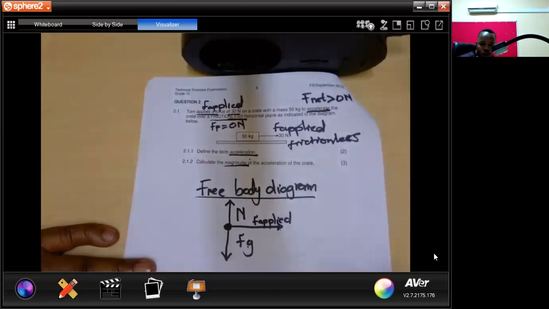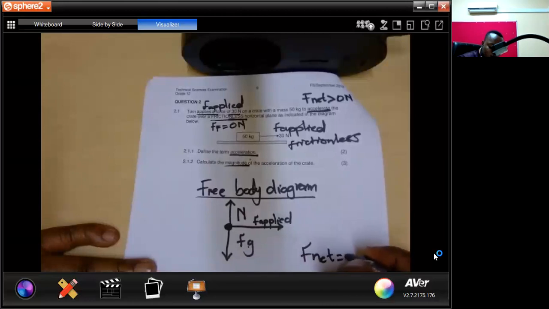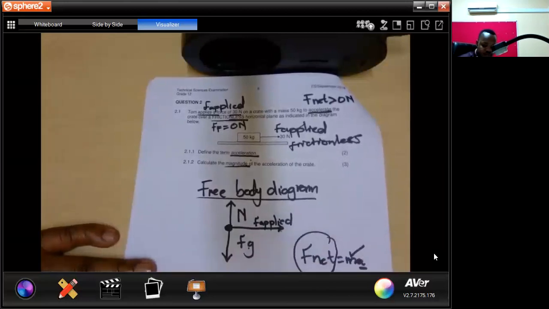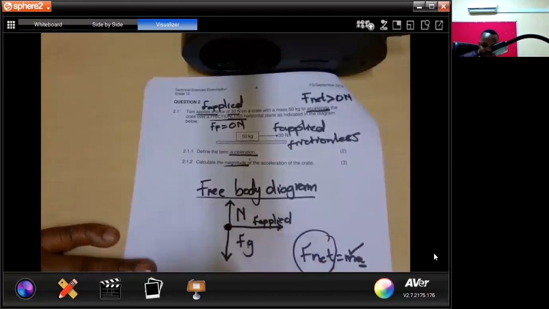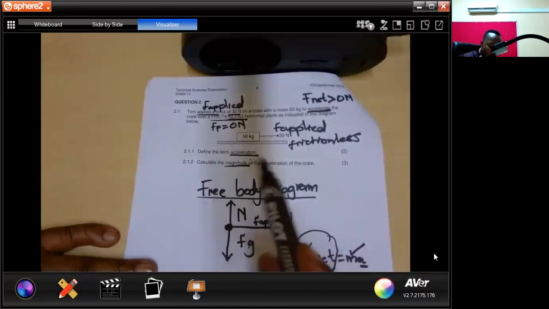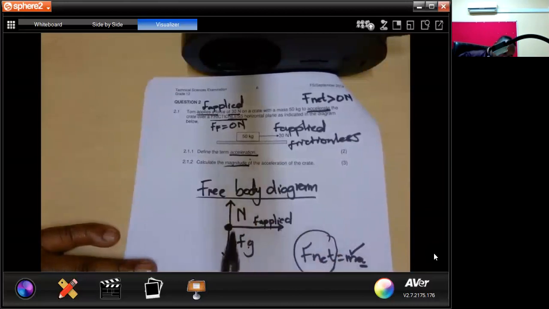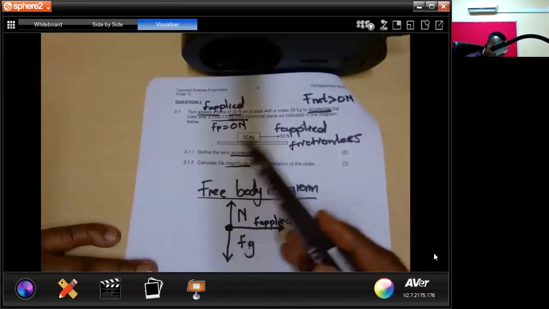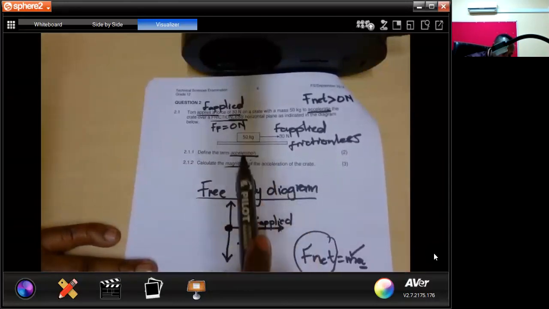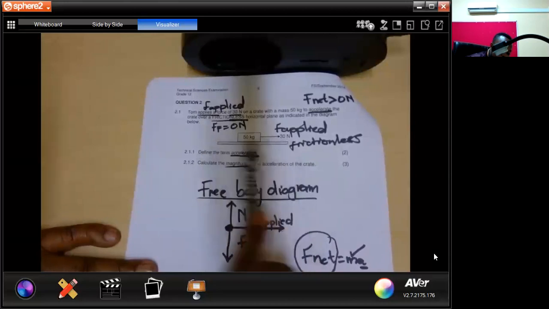So remember, we wanted to determine the acceleration, and we wanted to use this equation: F net is equal to ma. The mass we have, so we want the F net. Now, when I want to calculate the F net, these two forces are balanced vertically. In other words, vertically, I have a net force of 0. Why? Because my object is not going up and down. It's only moving horizontally.